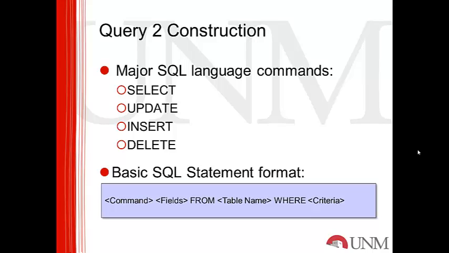So in the case of the select query, it's what fields do I want to return in my query result, and then use the keyword from to specify that you're going to select your data from one or more tables. And then the where clause is issued at the end so that you can filter the data or issue criteria that you want to pull only selected records out. And we'll use that in just a second.